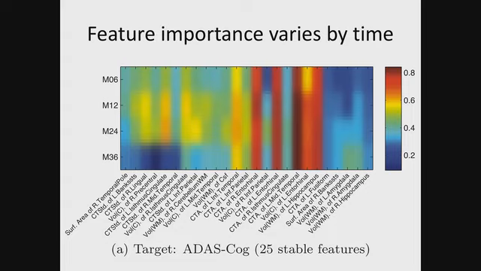And what you see are some interesting things. First, there are some features, such as these, where they're important at all different time points. That might be expected. But then there also might be some features that are really important for predicting what's going to happen right away, but are really not important to predicting longer-term outcomes. And you start to see things like that over here, where you see that, for example, these features are not at all important for predicting in the 36th time point, but were useful for the earlier time points.